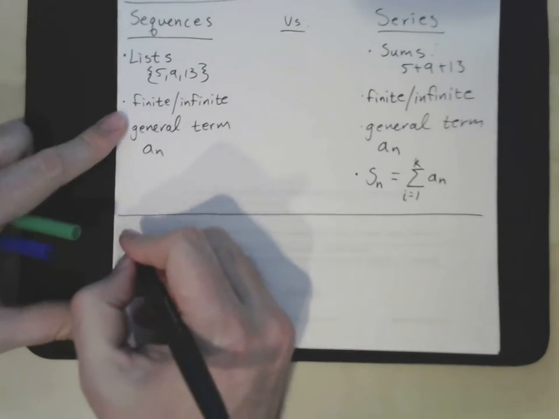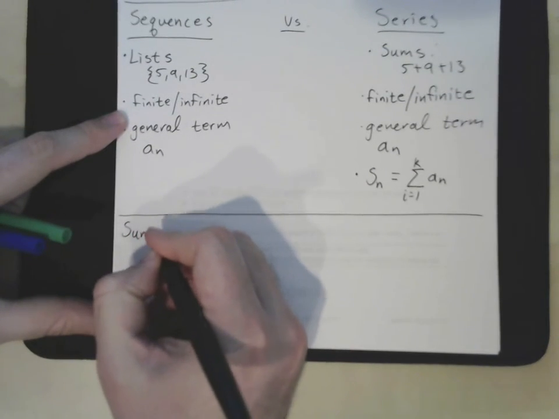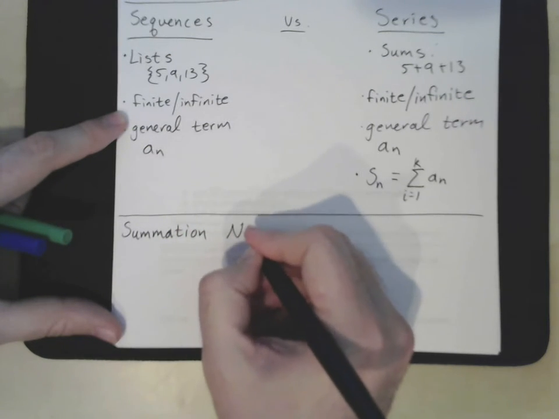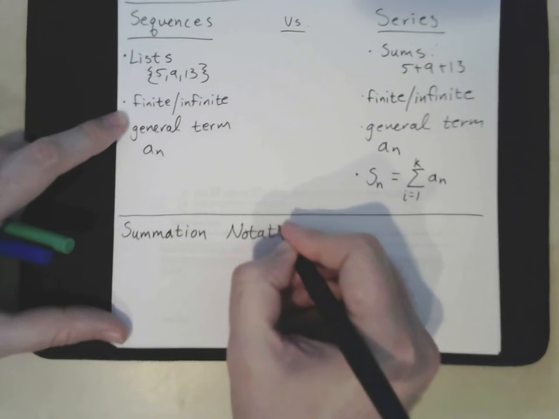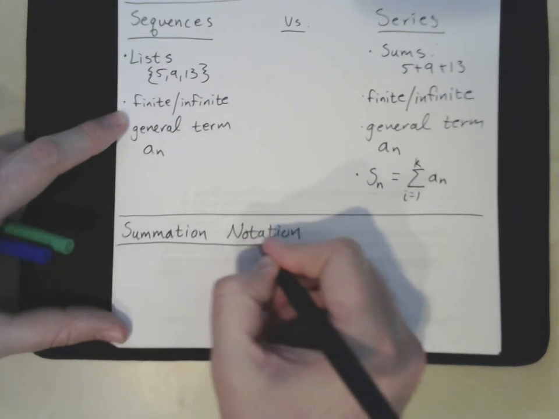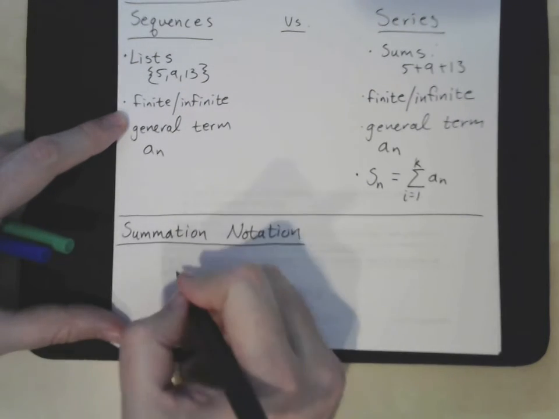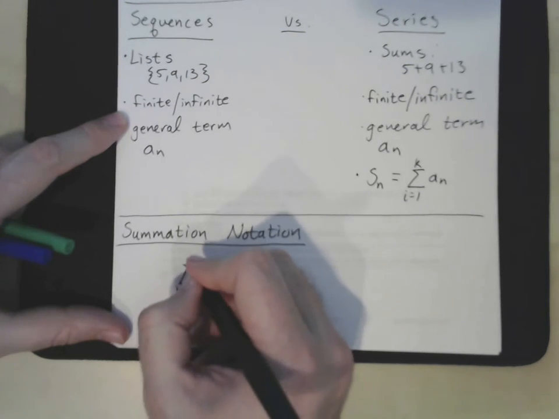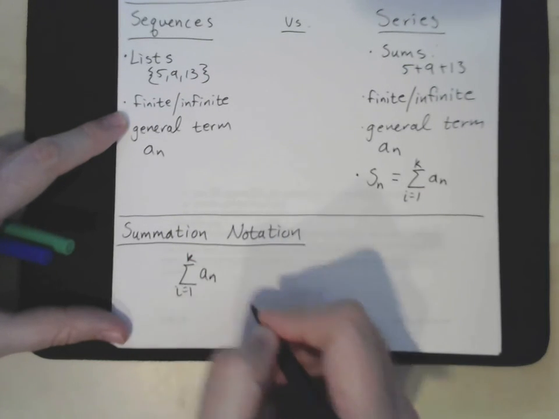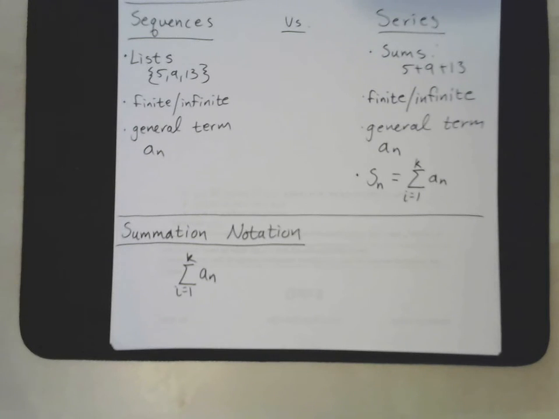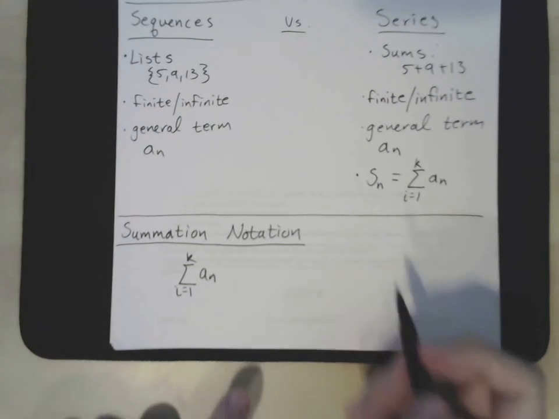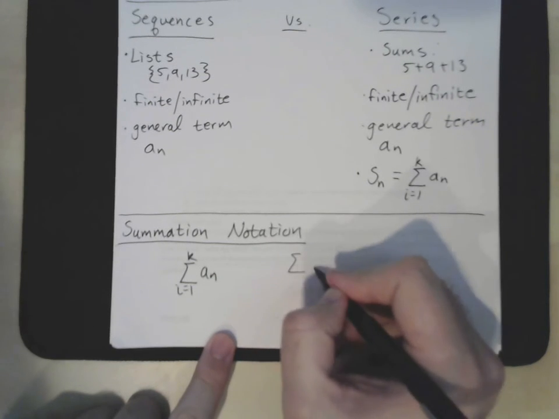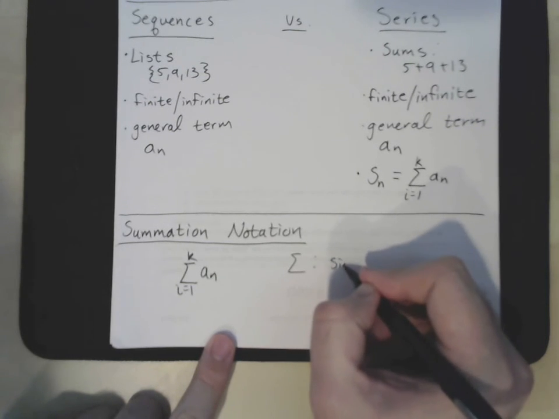So let's talk about our summation notation. We're just going to rewrite here i equals 1, k, a sub n. So we want to break down what each of these pieces are. This is the Greek capital letter sigma.